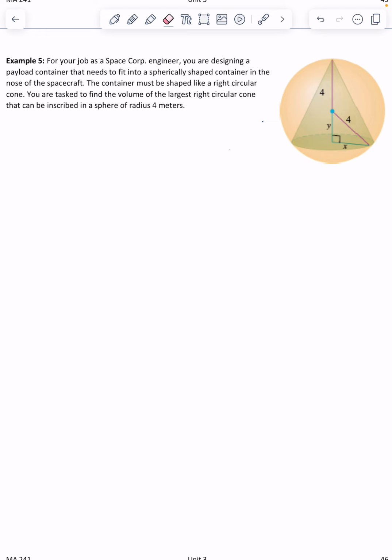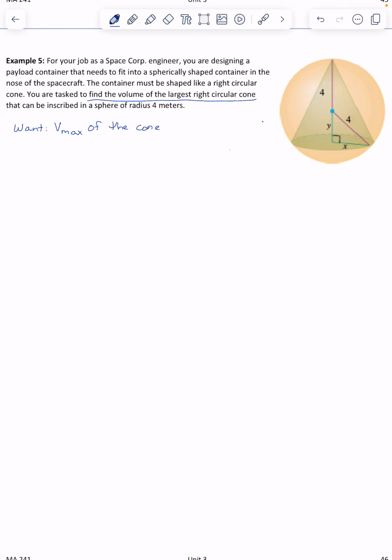All right, so let's start with what we want. We're wanting to find the volume of the largest right circular cone. So here, I'm going to write down what we want: a maximum volume, V max, because it needs to be the largest of the cone.